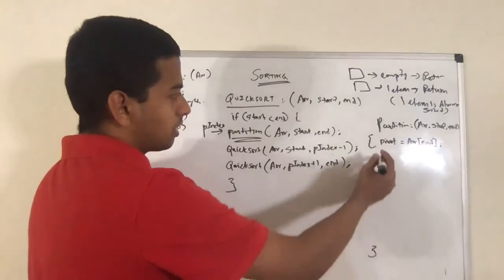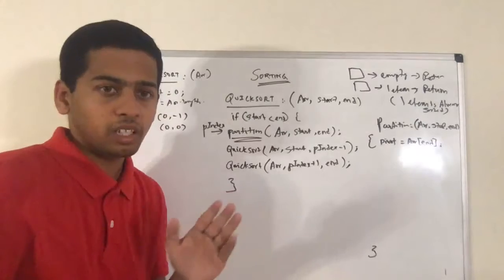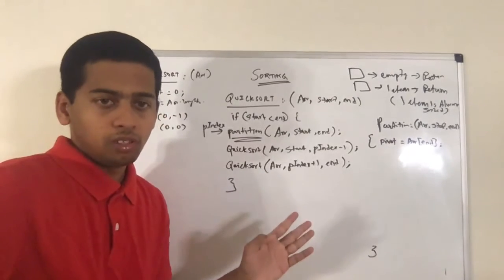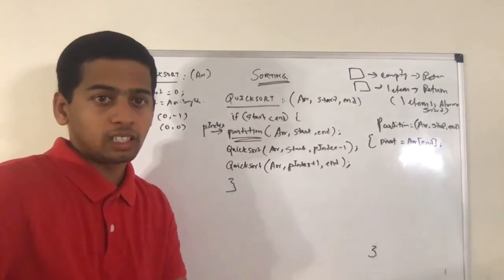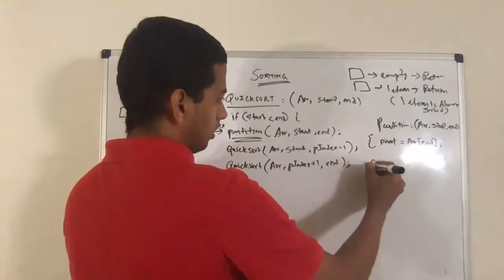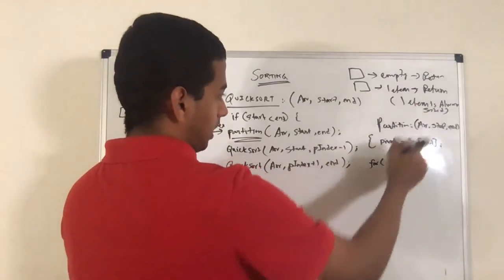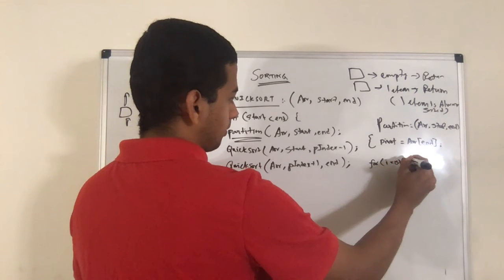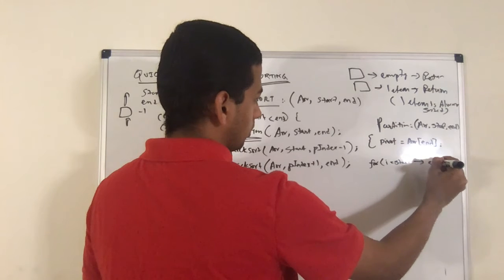Now, what is the next step? I should check if the elements in the array lesser than pivot should move to the left, correct? So I should iterate the original array. The original array is ARR. I should start from i equal to start all the way to end.